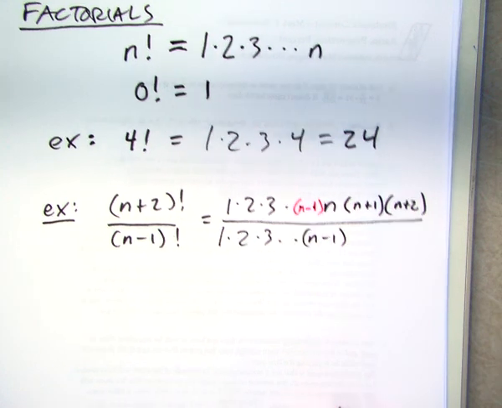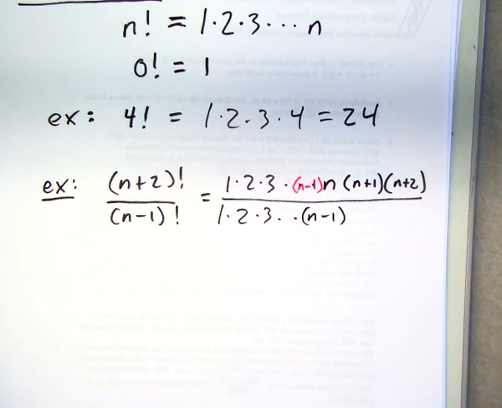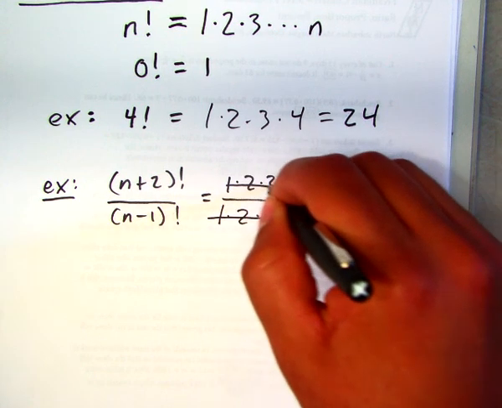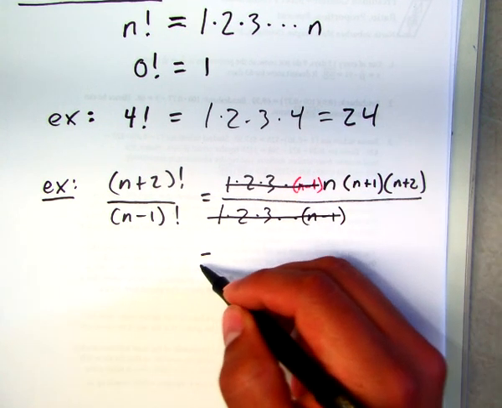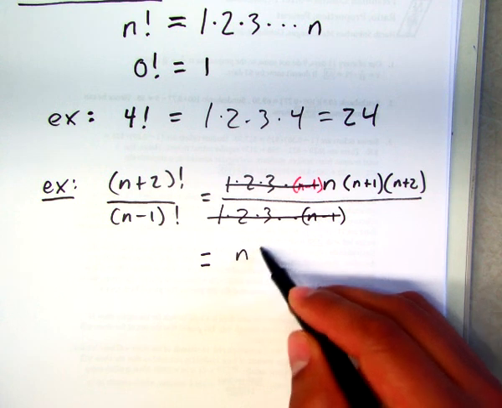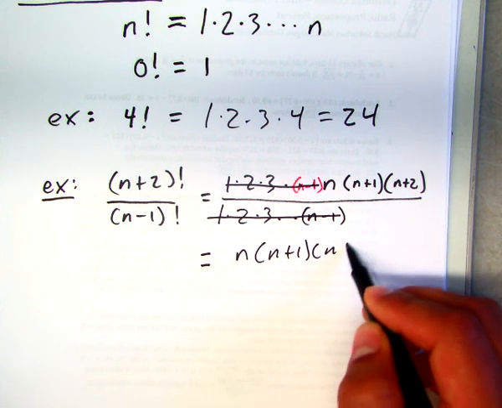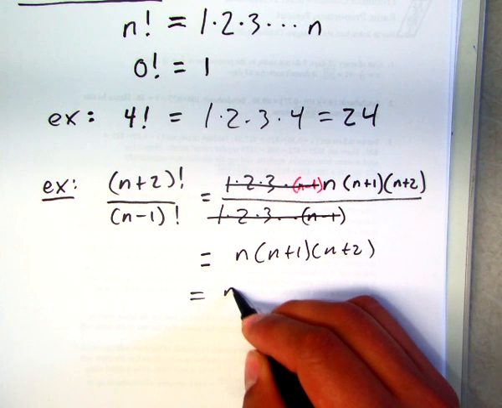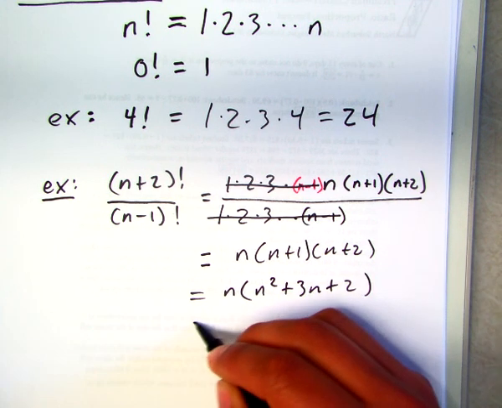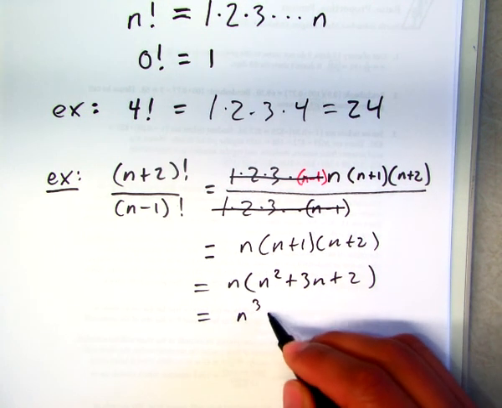So now, it's pretty easy, because from 1 through n minus 1 are going to cancel, because that's all multiplication. And then all I have left on the top is n times n plus 1 times n plus 2. We know what n plus 1 times n plus 2 is, and we can certainly distribute an n to get our simplified answer.